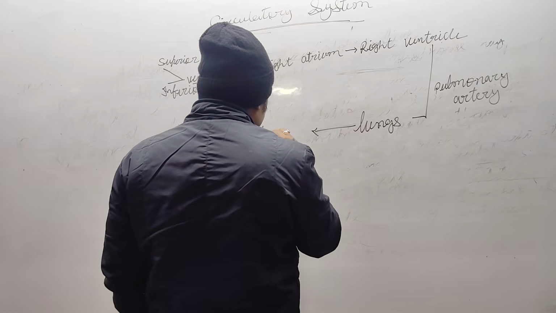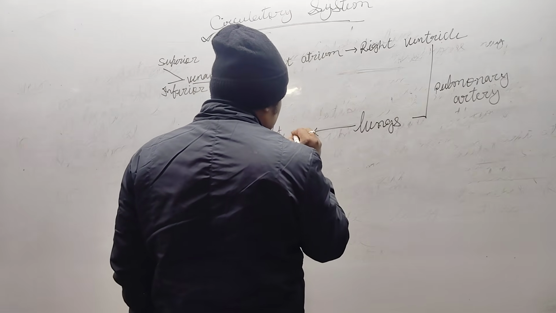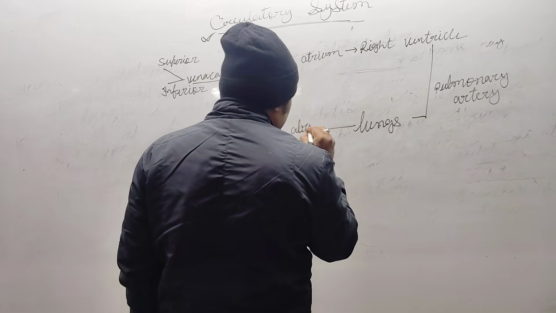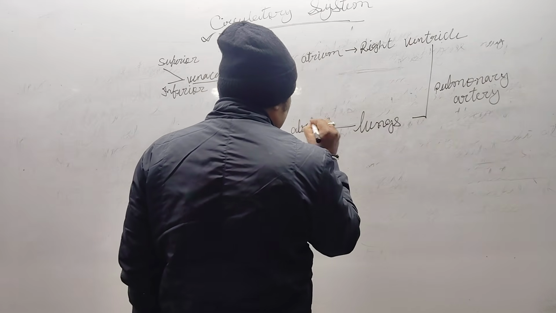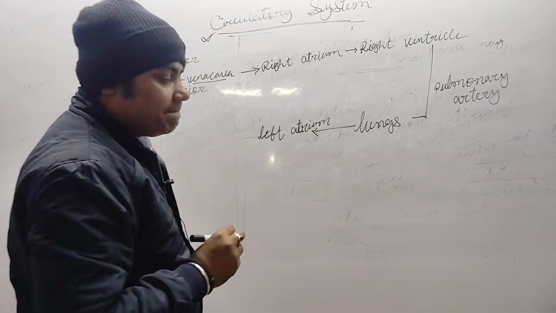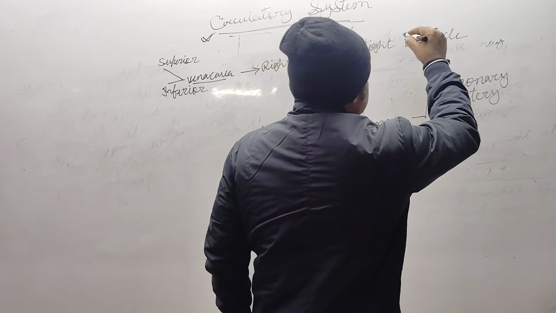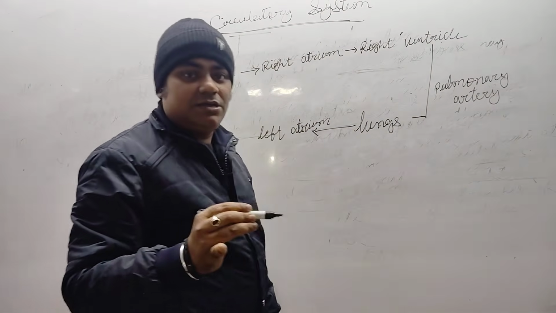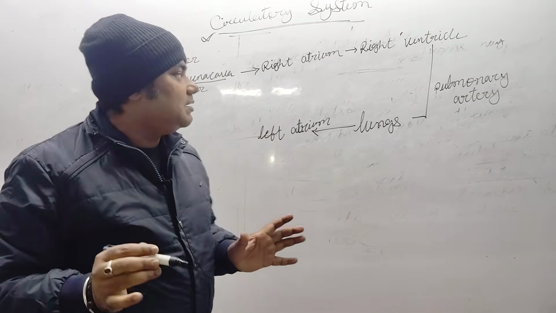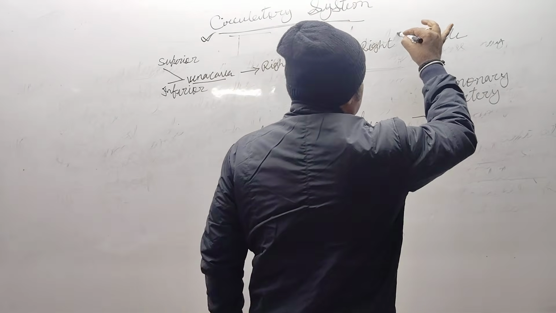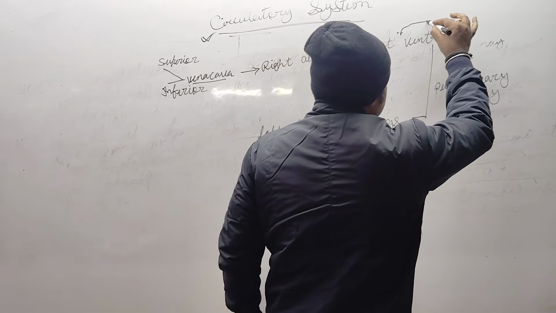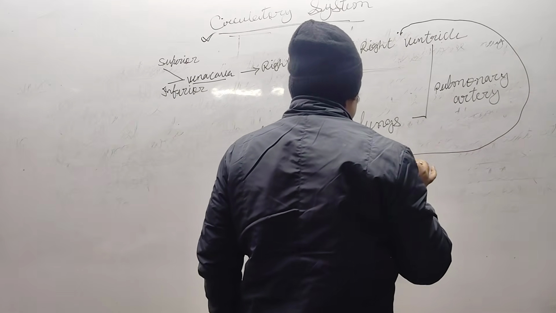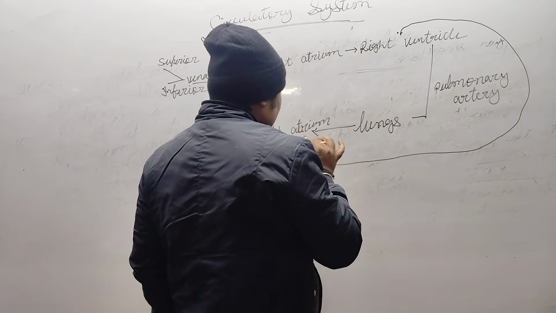And from the lungs that reaches into the left auricle or the atrium में पहुंचता है. तो ये जो प्रोसेस है, पल्मोनरी सर्कुलेशन क्या था? पल्मो means the lungs, related to lungs. So it is a process in which the blood passes through the lungs from right ventricle to the left auricle.